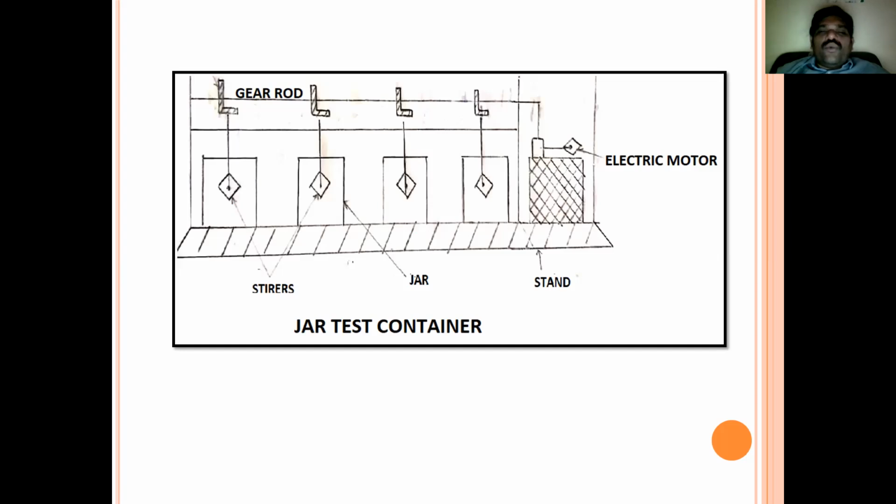After 20 to 30 minutes, the jar in which we got the maximum floc will have the best dosage, or else the optimum dosage, for that particular water.